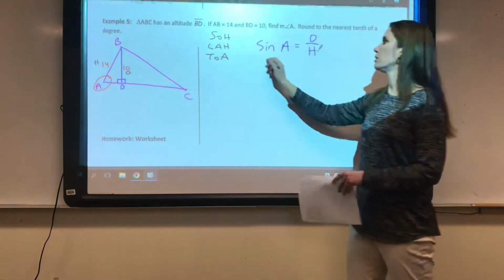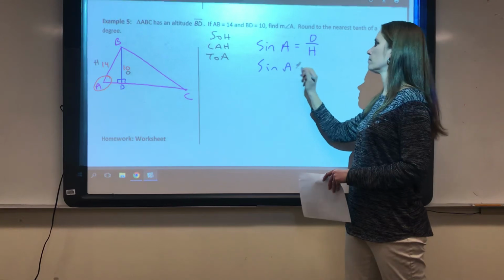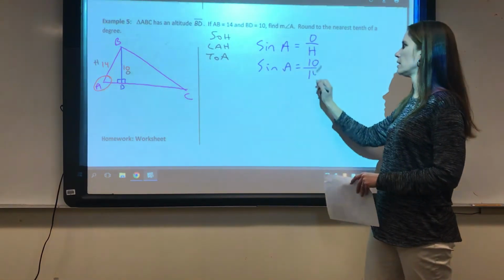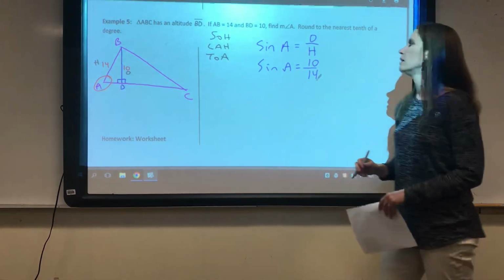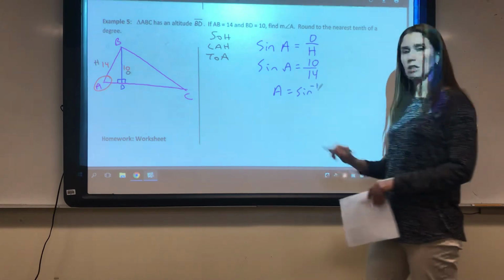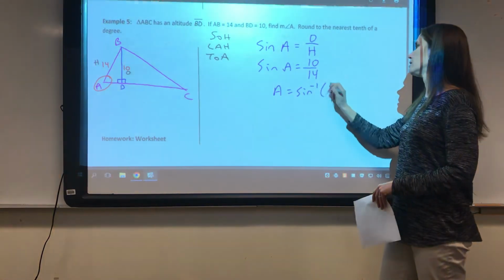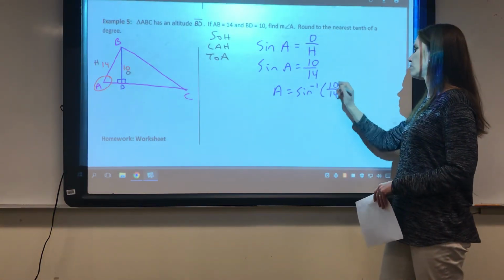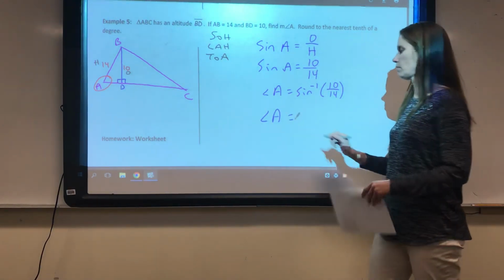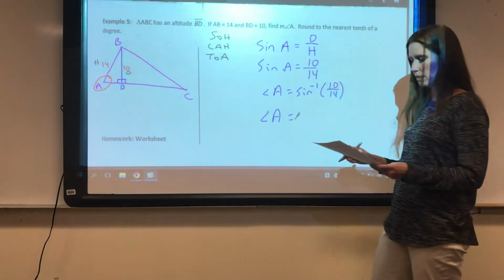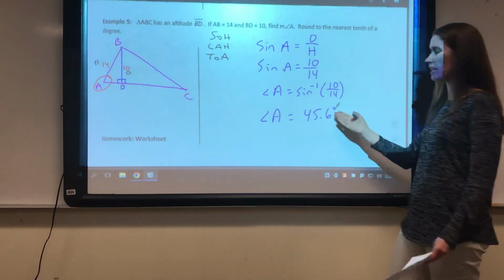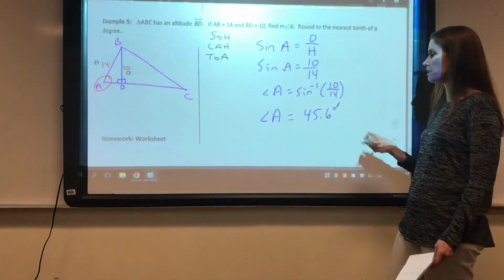Go ahead and plug in what you know. So opposite is 10, hypotenuse is 14, and from there, I can do the inverse sine because I'm looking for an angle. And so inverse sine of 10 over 14 gives you 45.6. And it says to the nearest tenth of a degree this time, and we're finding an angle, so we want to put our degree symbol there.